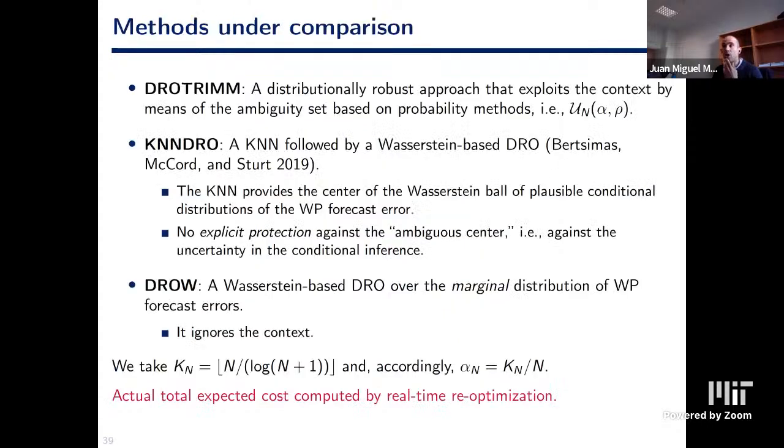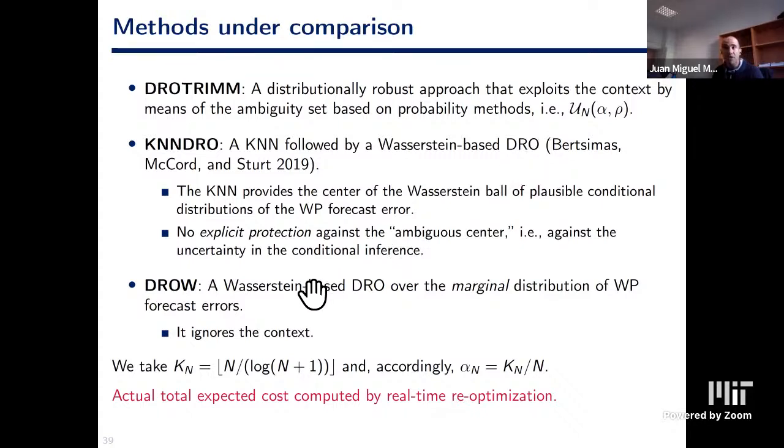These are the methods that we are going to compare. DRR trim is what we propose. That is a distributionally robust optimization approach that exploits the context by means of our ambiguity set based on trimmings. That's why we call it DRR trim. KNDRO is the method that we explained before, that was proposed by Bertsimas, McCord, and Sturt, that is based on a K nearest neighbor for the conditional inference.